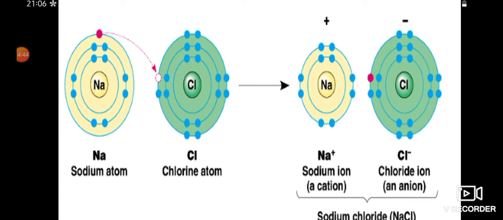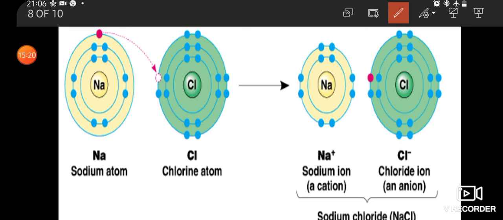See this here, sodium has only 1 electron in its valence shell, while Cl has 7 electrons in its valence shell. One electron transfers towards chlorine, forming a sodium ion and a chloride ion.